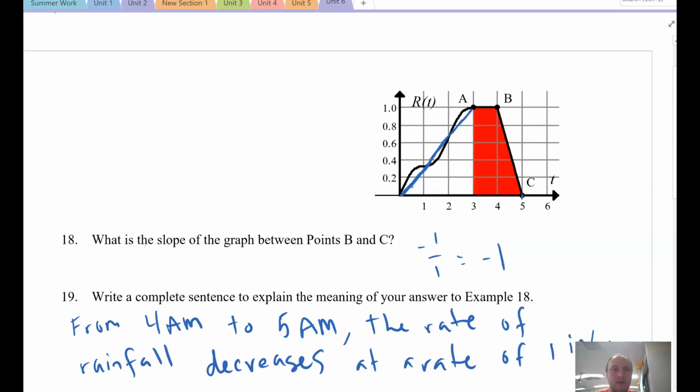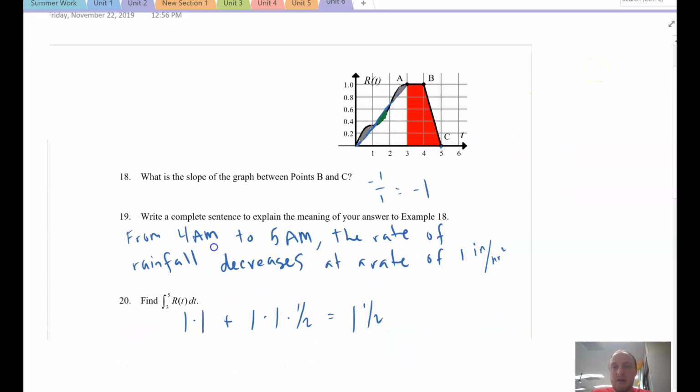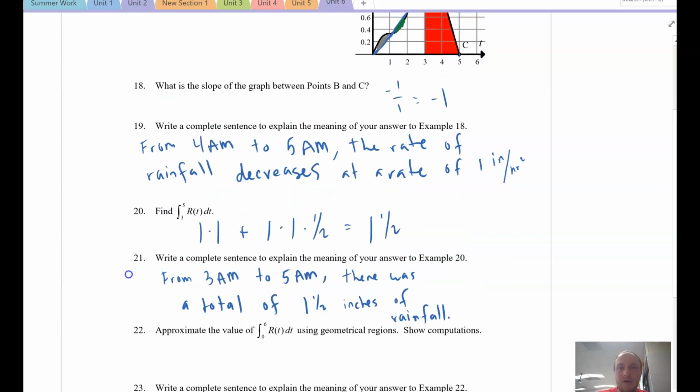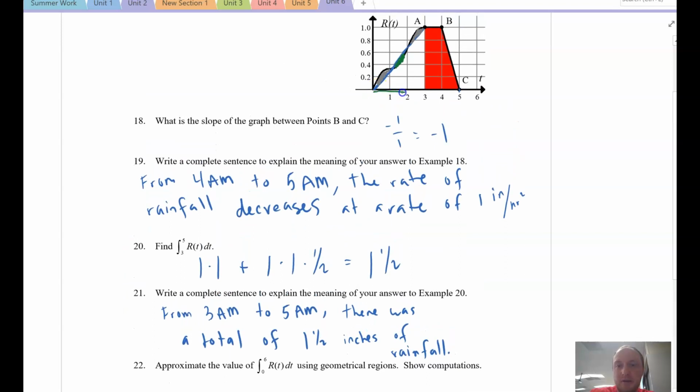Notice I'm leaving out this little area, and I'm leaving out this little area, but I'm also catching some of this area here that is not actually there. So we're going to be close. It's approximate, but with that straight line I can compute the area. From 0 to 3, that's 3, and then the height of this shape is again 1 inch.